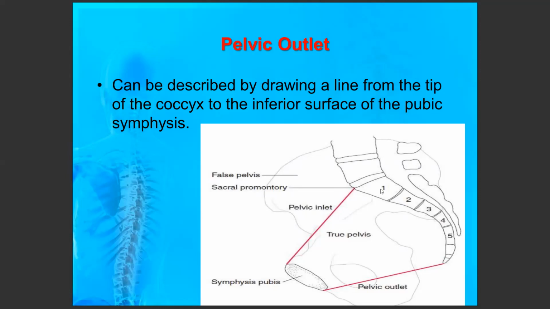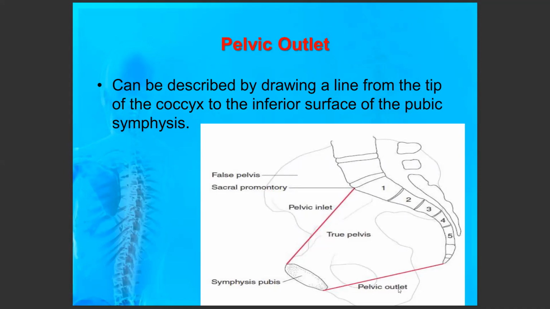During counter nutation, when there is superior and posterior movement of the S1, it will lead to an increase in the pelvic inlet. And when S1 moves in the posterior and superior direction, the coccyx will move anteriorly as well as inferiorly, and that will lead to a decrease. Eventually, there will be a decrease in the pelvic outlet.